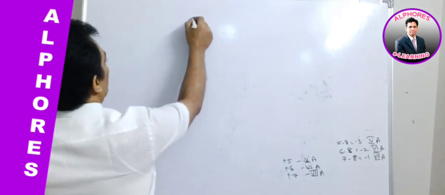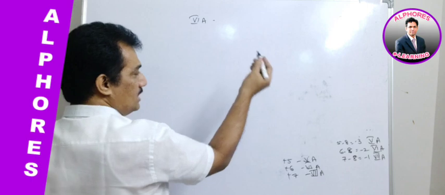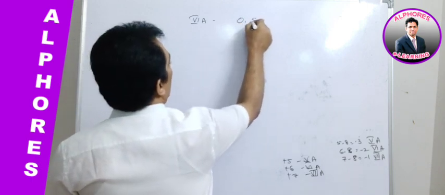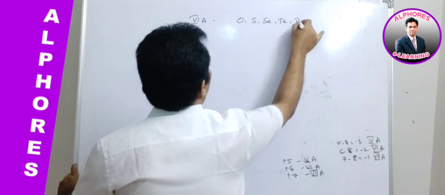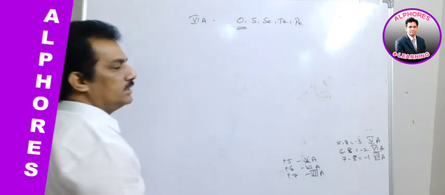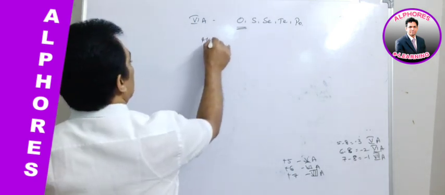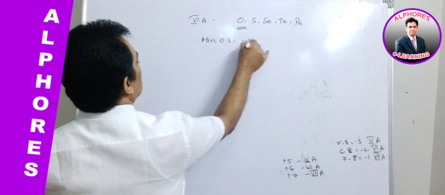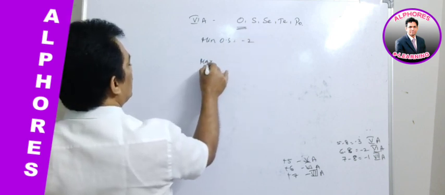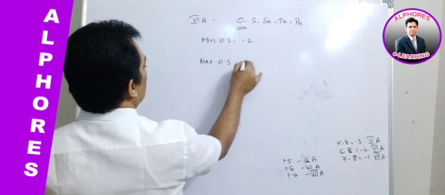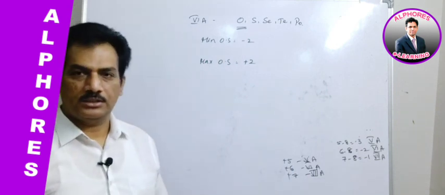So now coming to 6th A group elements. What are 6th A group elements? Oxygen, sulfur, selenium, tellurium, polonium. Now we are discussing oxygen. Oxygen's minimum oxidation state is -2, and maximum oxidation state, you remember, is +2, not more than that.